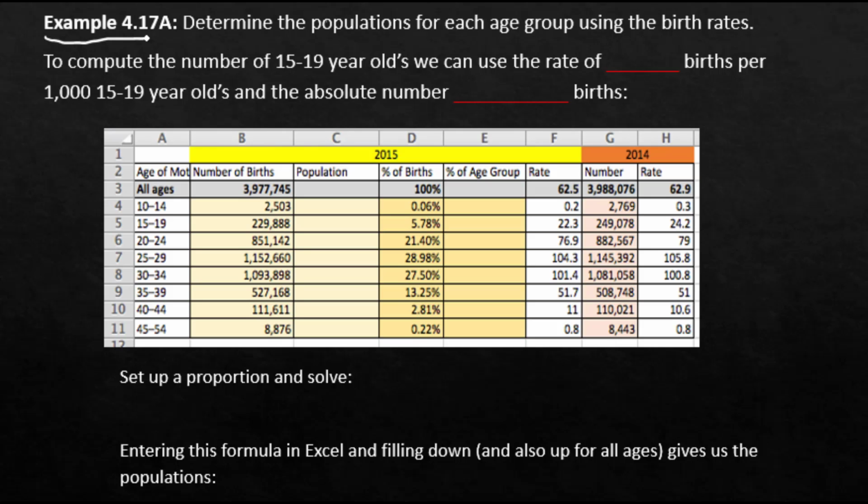So now we're on example 4.17a. We're going to determine the population of each age group using the birth rates. And you see the birth rate is per 1,000. To compute the number, we're going to do 15 to 19-year-olds, which is right here.